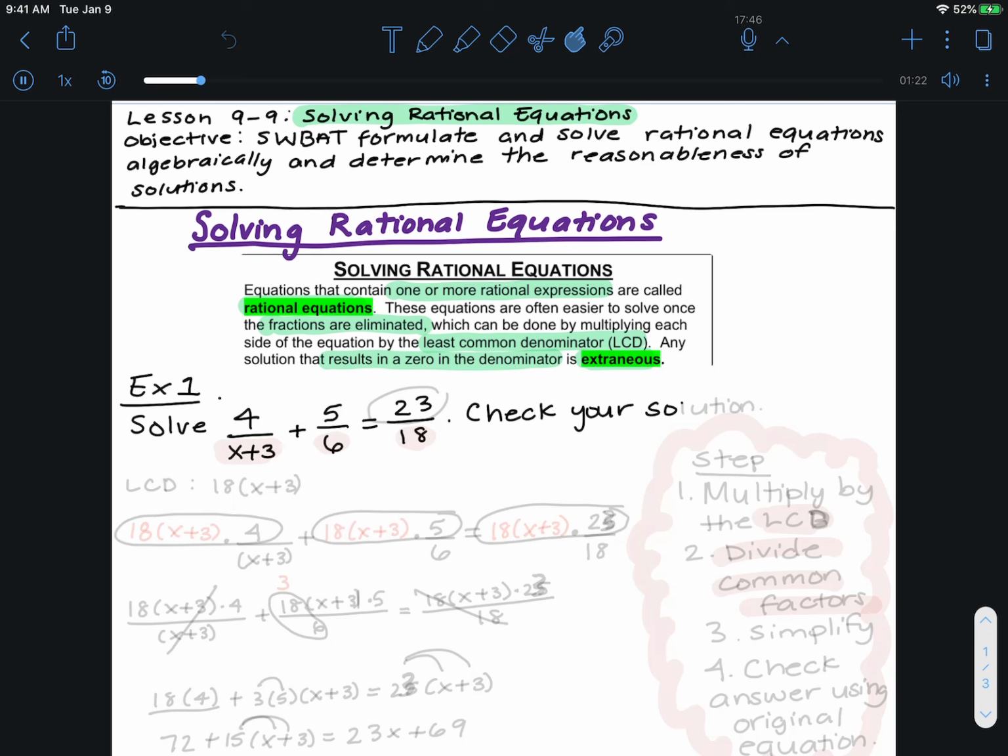So what is our first step going to be? We're going to multiply by the least common denominator. The second step is to divide common factors.